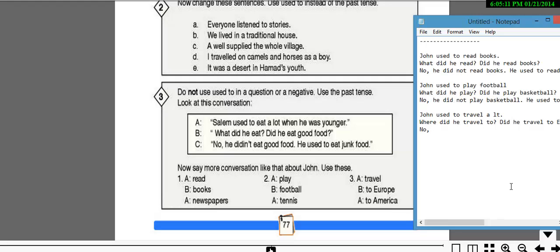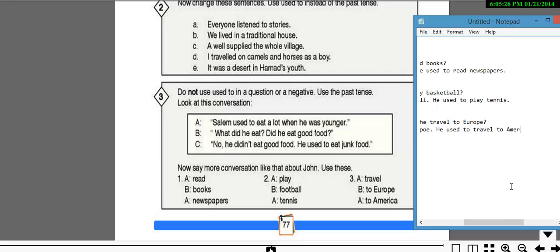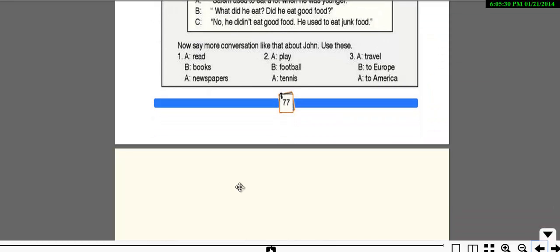No, he did not. Again, he used to travel to America, which is USA. Okay, thank you for following up. We finished with the grammar lesson today, did we?